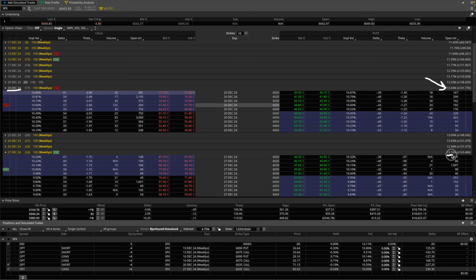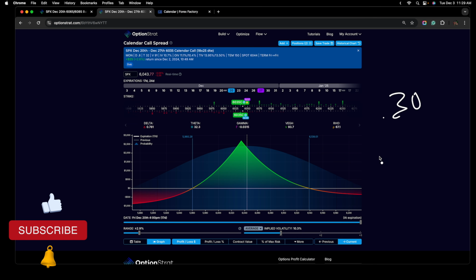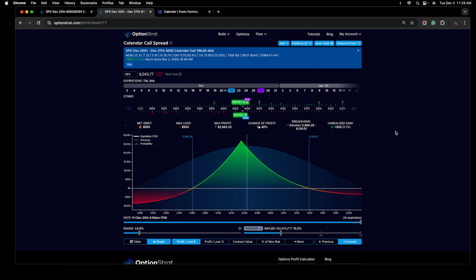For our back month, it's currently around 13.16. When I opened the trade, it was 13.50. So implied volatility overall has decreased, we'll say 0.30, 0.40% or so. It's fluctuating again because the market is currently open and volatility is constantly in flux. But it's important to at least understand when you first open the trade, there is a volatility skew here.